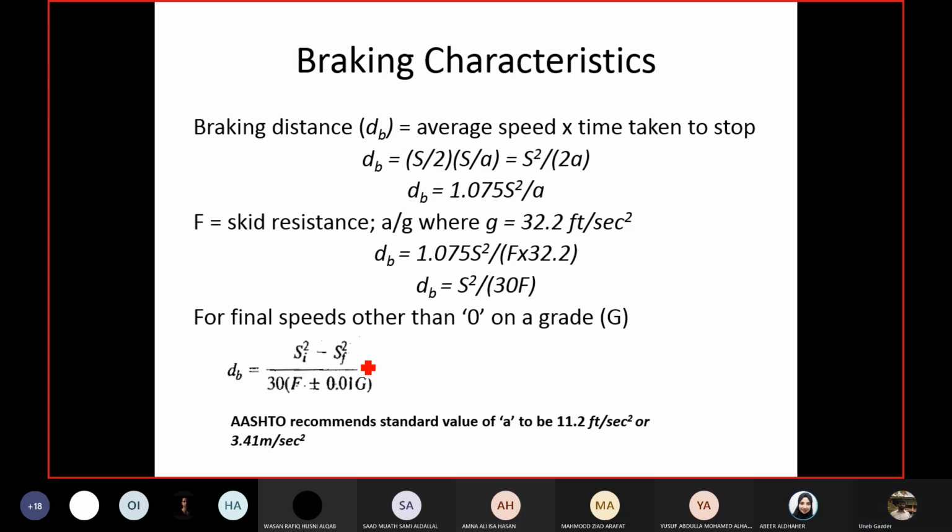So if the car has a more developed braking system, then you may change the value of F. You may change its deceleration rate, so that it will decelerate faster than traditional braking systems. This is the only way I can think of to incorporate the braking mechanism of the vehicle. But as far as the speed is concerned, the speed is there in the equation. We are using the speed to calculate the braking distance.